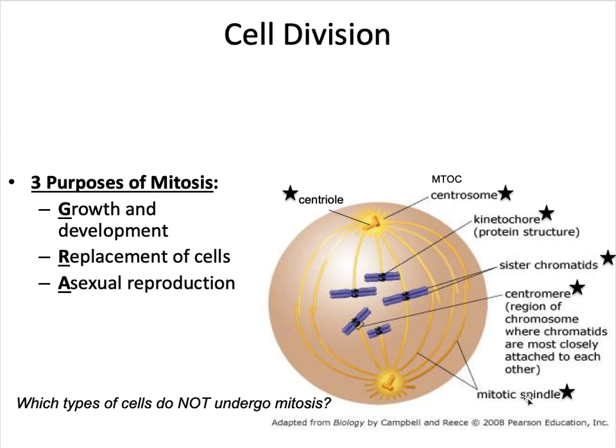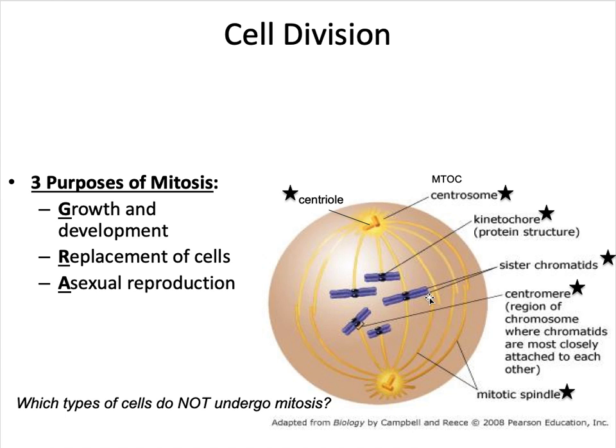These spindle fibers connect to a protein on the chromosome called the kinetochore. When these microtubules attach to these kinetochores, that's how they guide the chromosomes where they need to be during each phase of mitosis.